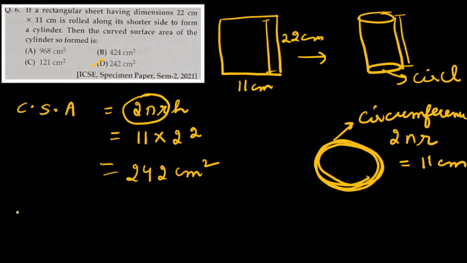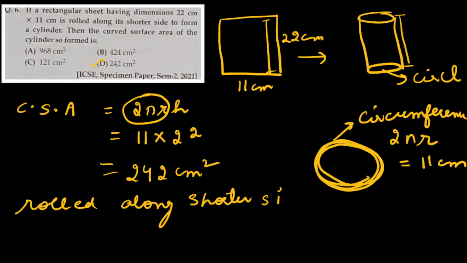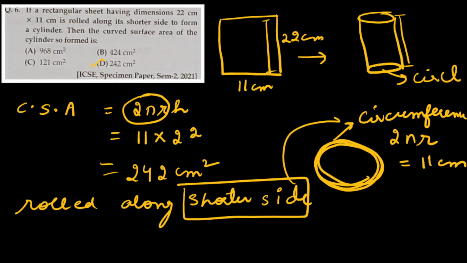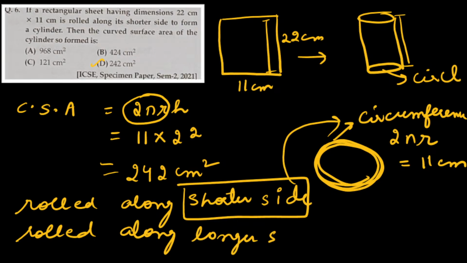I'm telling you, when it is rolled along shorter side, because you might get confused, then shorter side will become circumference. If it is rolled along longer side, then longer side will become circumference.